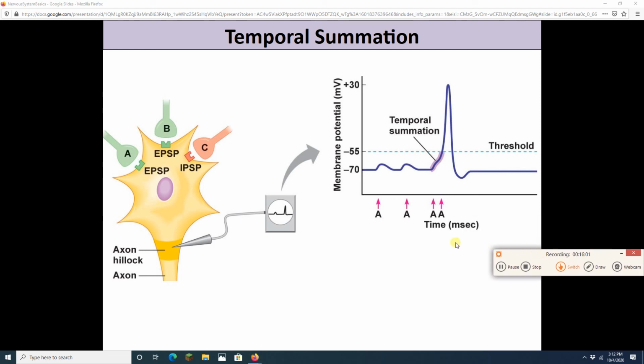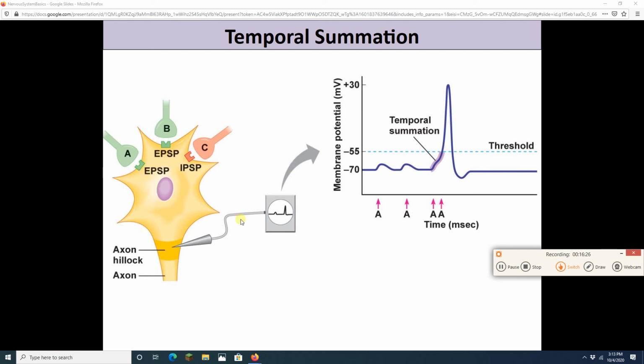In this third situation, we are going to have neurotransmitters released back to back. Boom, boom. We're going to release neurotransmitters, then immediately release some again. This is going to create two graded potentials. The first one starts and gets going, and while that first one is going, the second one is going to start.